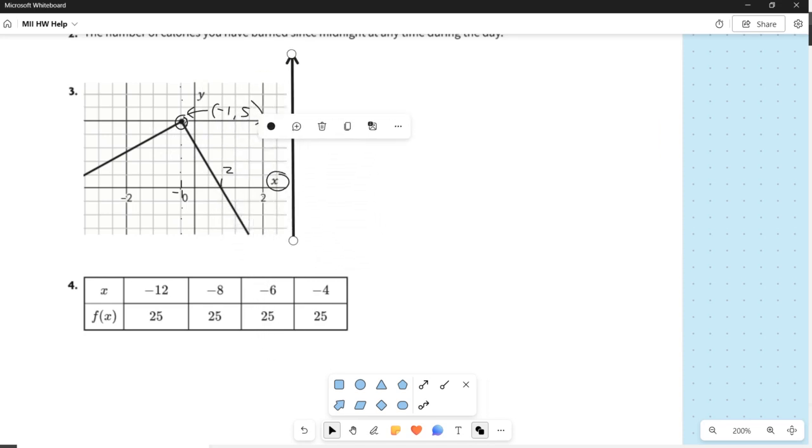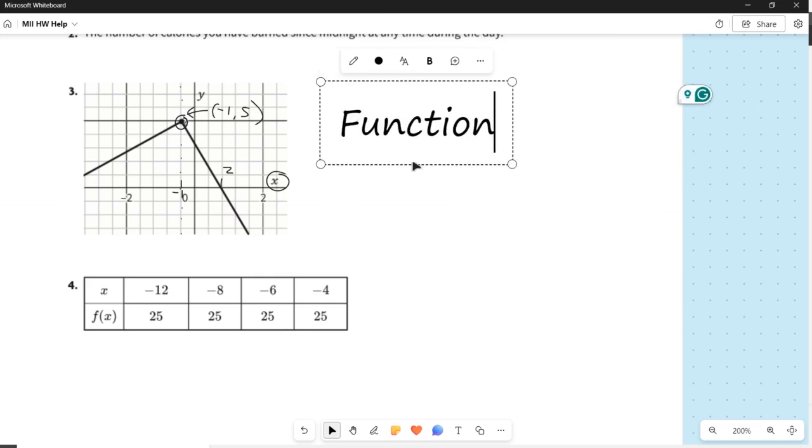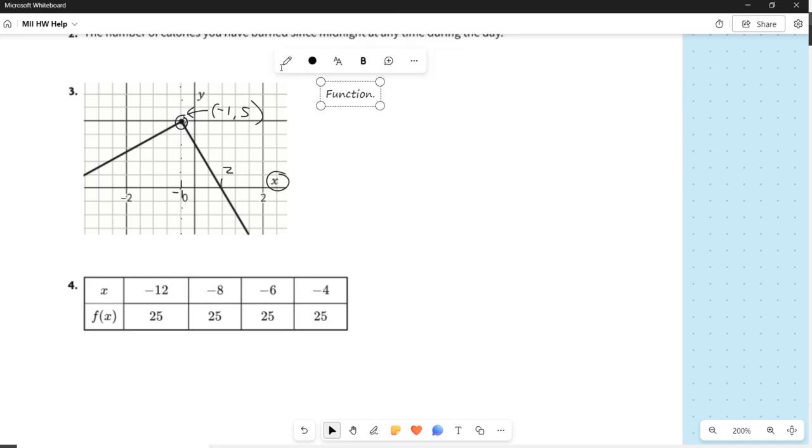So this graph passes the vertical line test, and because it passes the vertical line test, that tells us that number 3 is a function. So number 3, function.